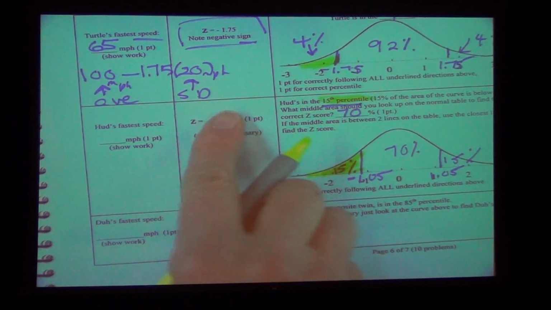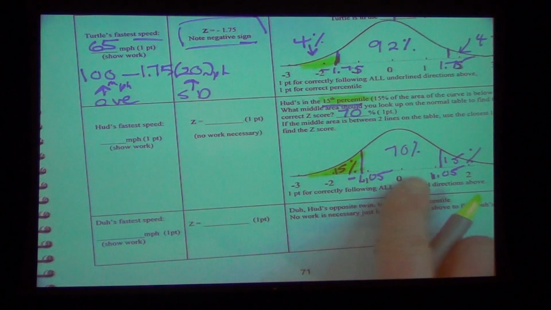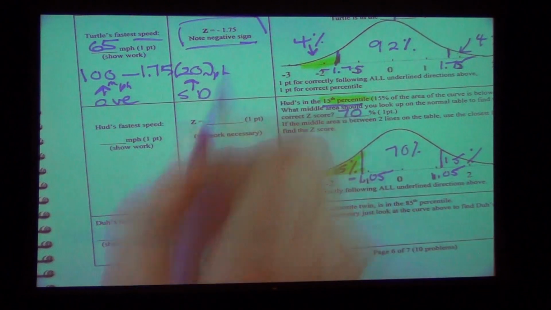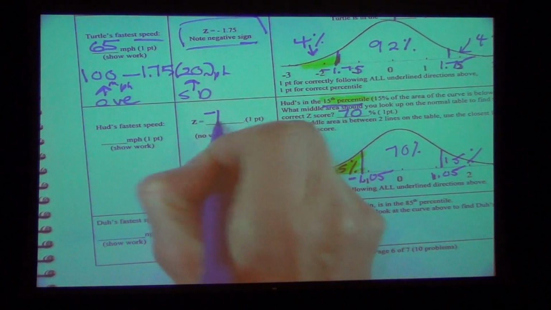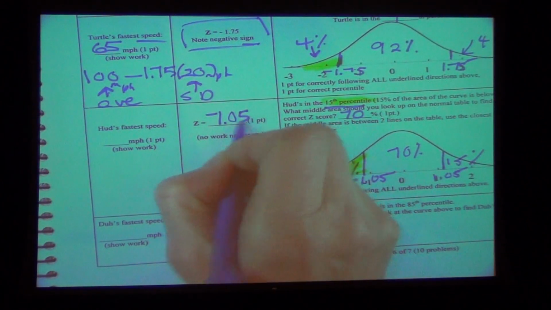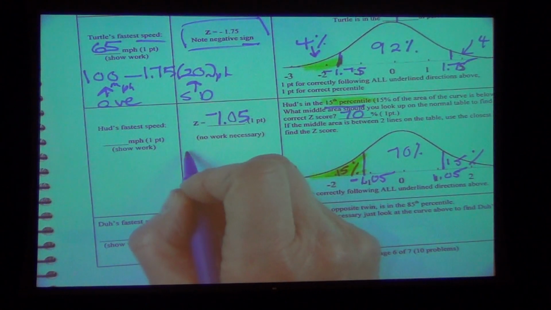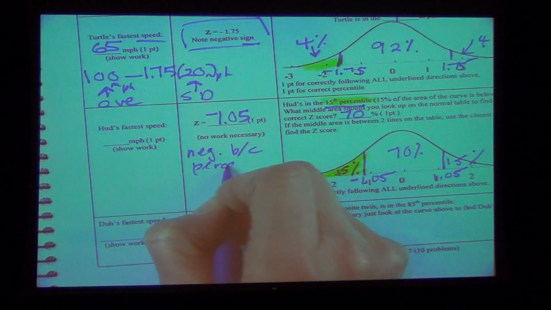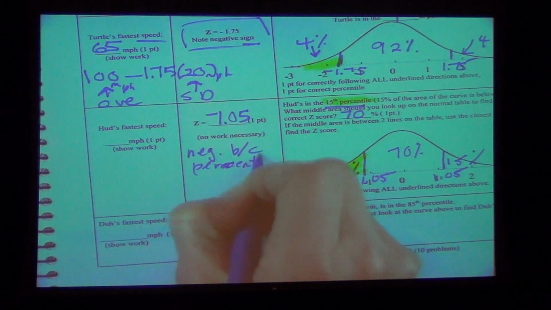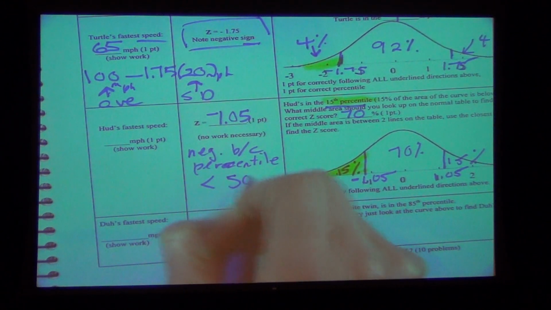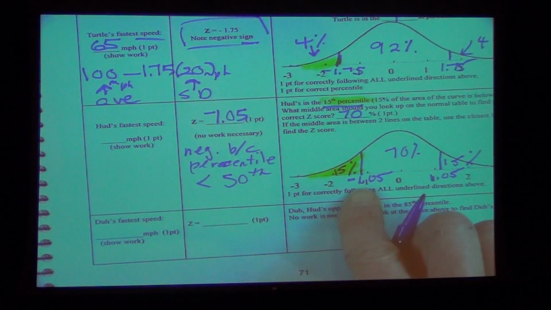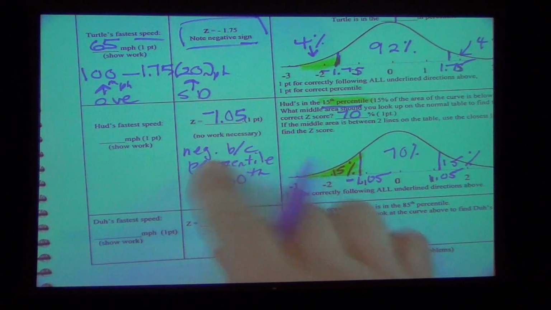So just put 1.05 there, but that would have to be negative. You see why it's negative 1.05? Because the percentile is less than 50. It's a little below average. Negative. Right?